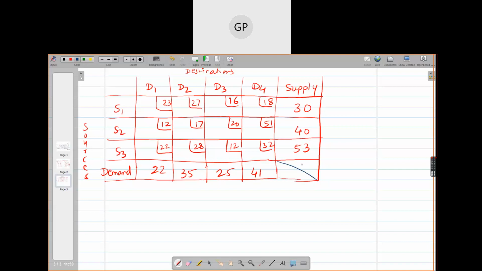Yes, ma'am. What is the total? 123. So this is enough. No need to state actually that this is a balanced TP. If you write it in the table like this, the examiner will understand that you have checked whether it is balanced or not. Now start from the very first cell. Leftmost corner.